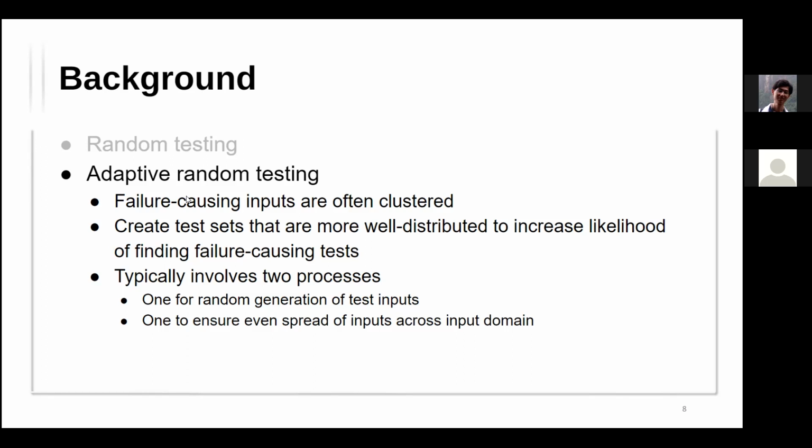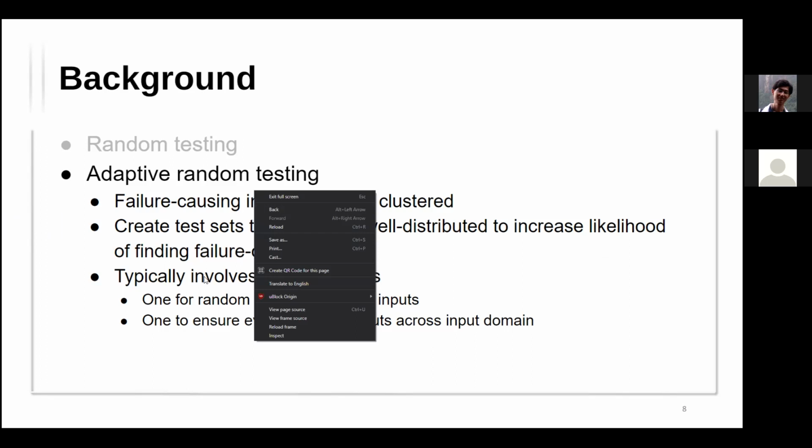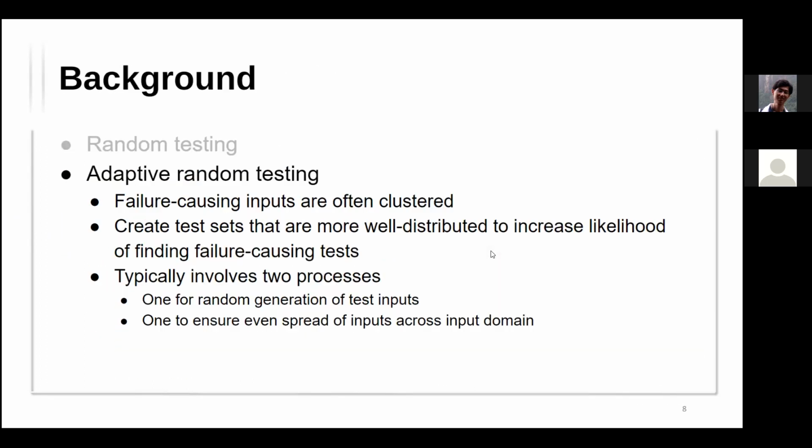Basically, adaptive random testing is somewhat close to optimization, or search algorithms, or heuristic optimization problems. We keep generating test cases and run them.